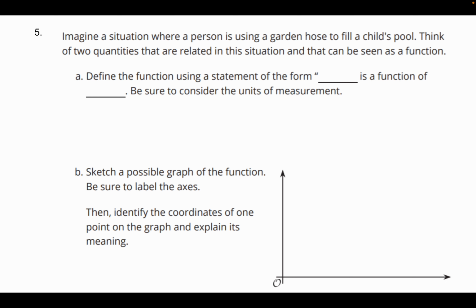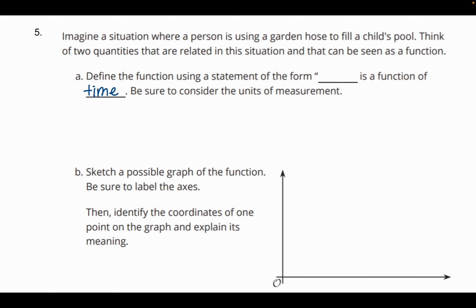So you may have an answer that is different from mine, especially when it comes to units of measurement. But in general, I would say that we're going to have something be a function of time here. And I am going to write this whole sentence out, but I'm just kind of filling in some ideas to help me figure this out.